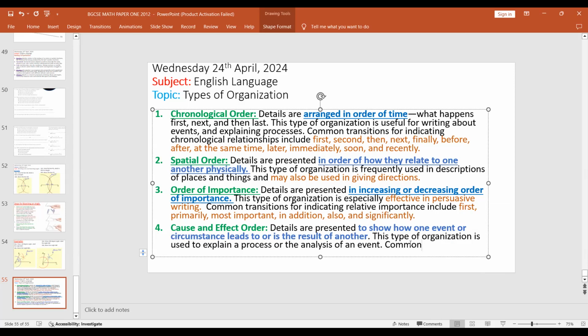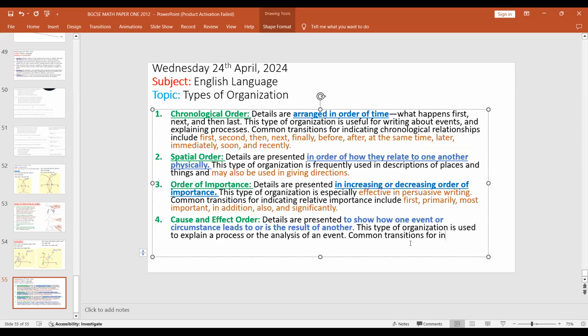So common transitions for cause and effect include therefore, because, if, then, due to, so, and thus.